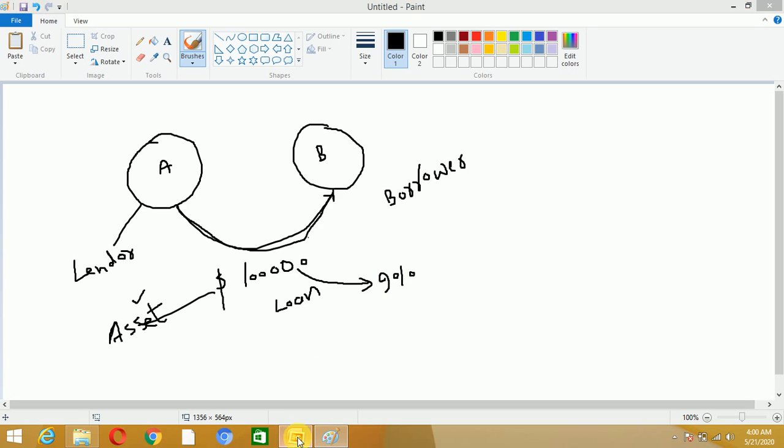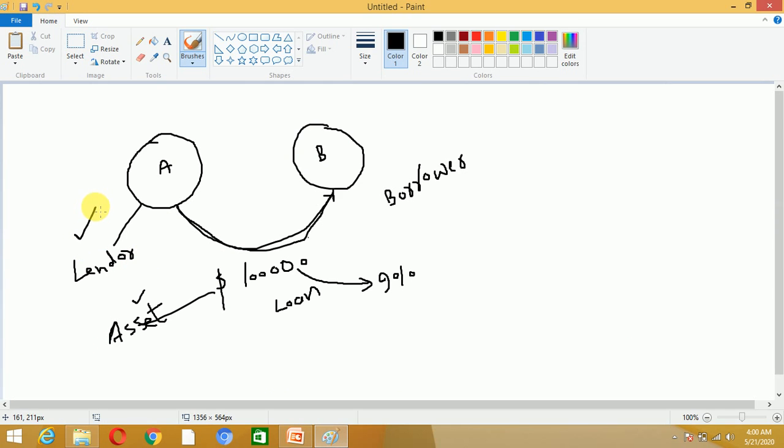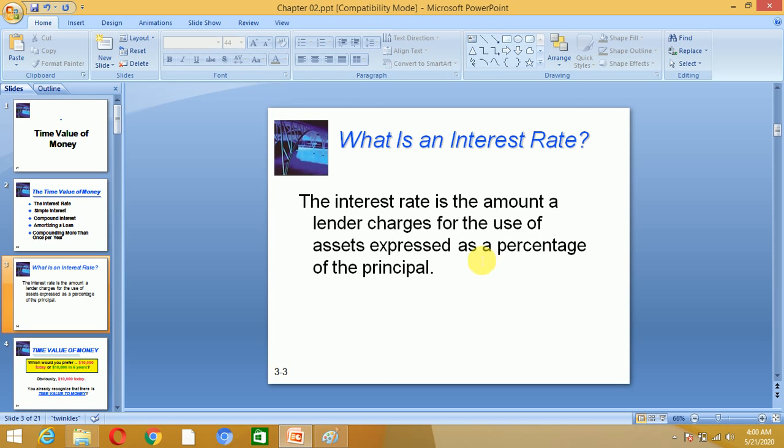Now see the definition. The interest rate is the amount a lender charges for the use of an asset. So the lender, for granting use of the asset to B, is charging a certain percentage, expressed as a percentage of the principal.